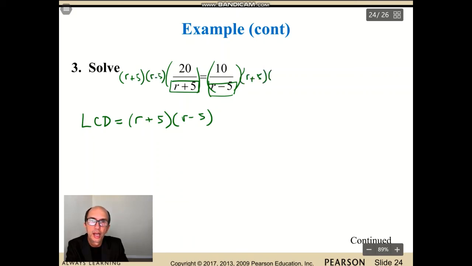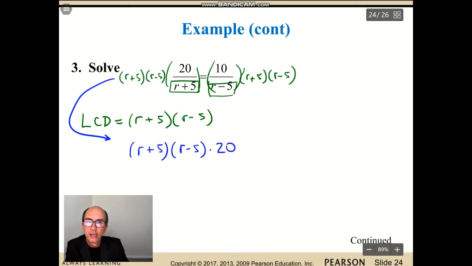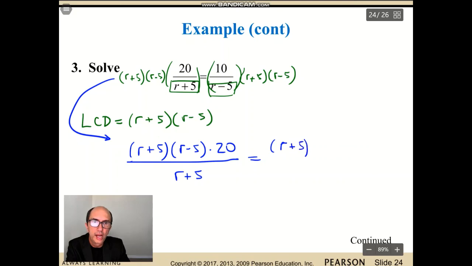So r plus 5 times r minus 5 times 20 over r plus 5 equals r plus 5 times r minus 5 times 10 over r minus 5. We simplify: r minus 5 and r minus 5, and r plus 5 and r plus 5.